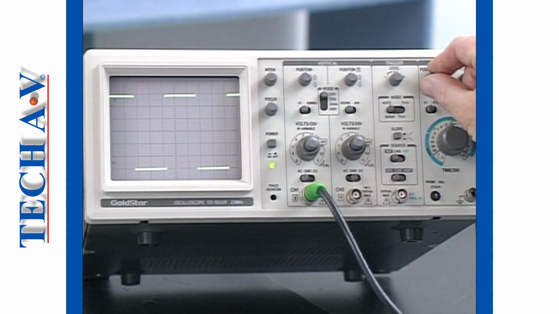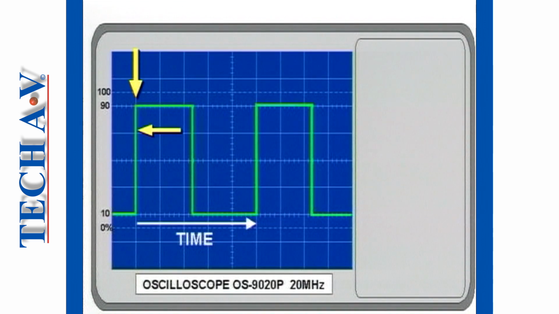Using the horizontal position control, position the leading edge of the square wave so that it is coincident with the left-hand side vertical graticule line. Count the number of divisions from here to the next leading edge of the square wave, that is to say, where the waveform begins to repeat itself again.